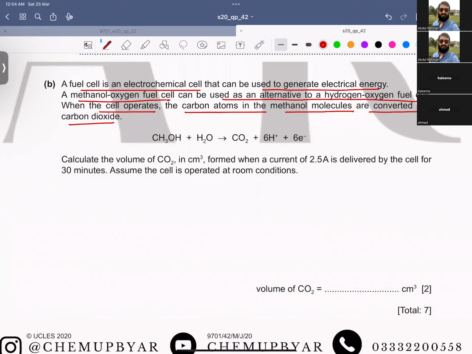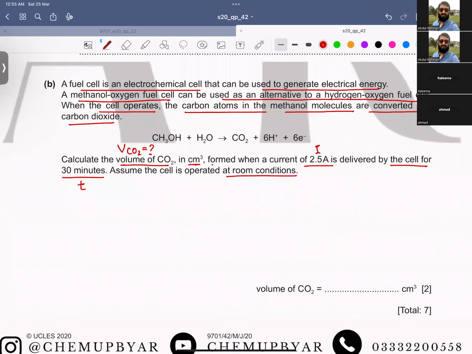Now what they are asking: calculate the volume of carbon dioxide gas, we have to find this, in centimeter cube, formed when a current of 2.5 ampere is delivered by the cell for 30 minutes. Assume the cell is operated at room conditions.